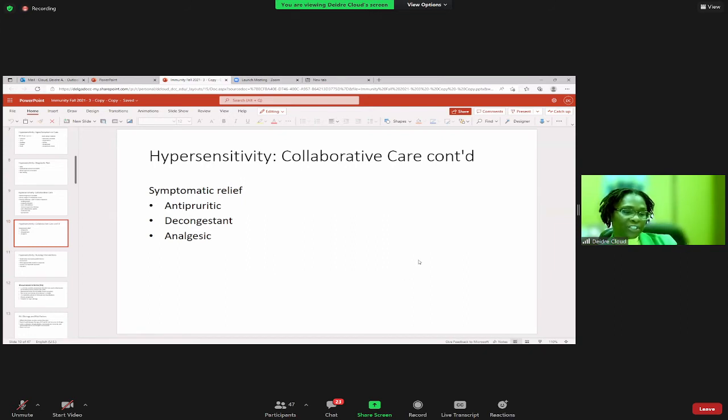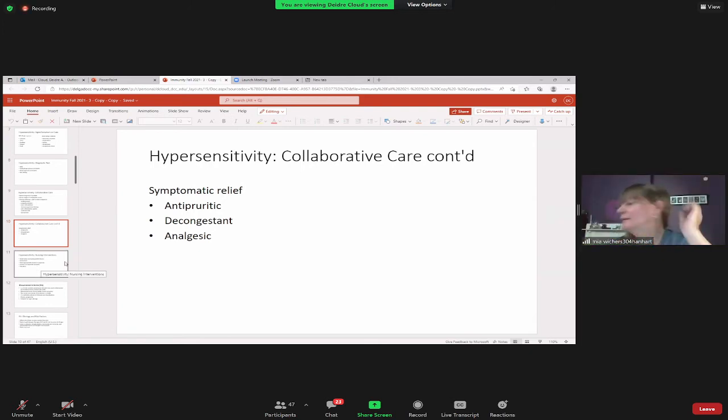Any questions? All right, I think that is the gist. What's the best way to maintain an open airway? What's the best position? Head tilt, chin lift.